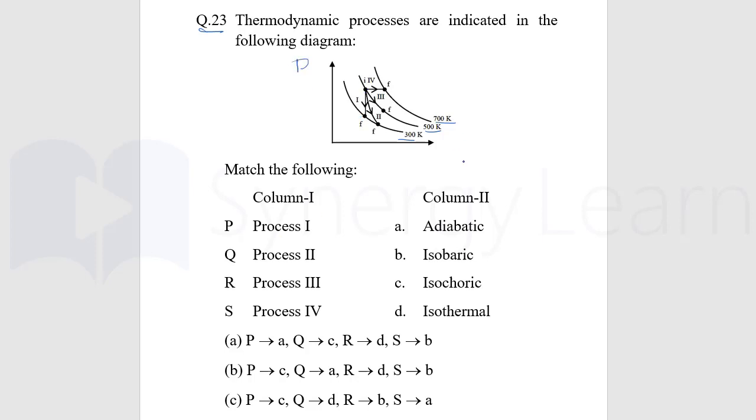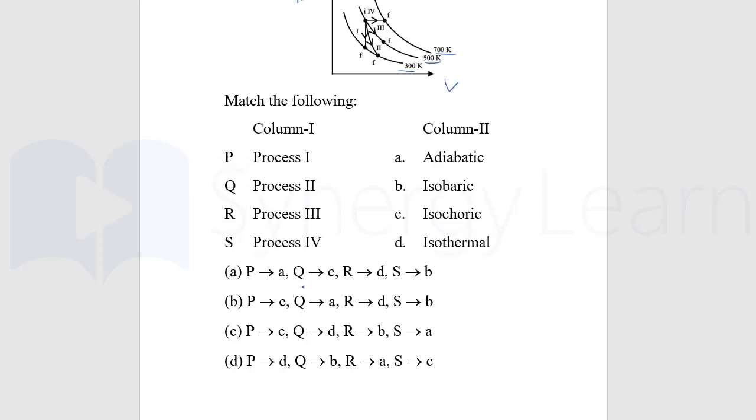This vertical axis is pressure and this is volume. Then the vertical line indicates that it is constant volume. So 1 corresponds to isochoric, that is C. So here the process 1 corresponds to C. So the incorrect ones are A and D.